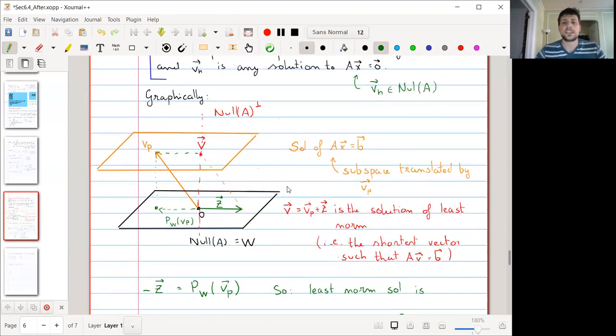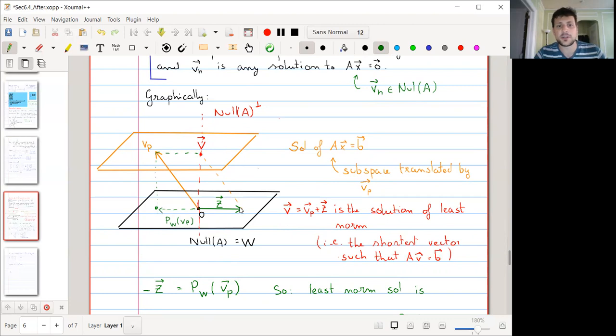So here's the next observation. The vector z that we need to add to Vp in order to get to our vector v, which is what we're after, is the opposite of the projection of Vp onto the null space. You see that the projection of Vp onto the null space is this arrow pointing to the left.